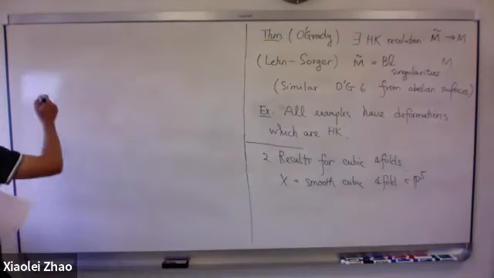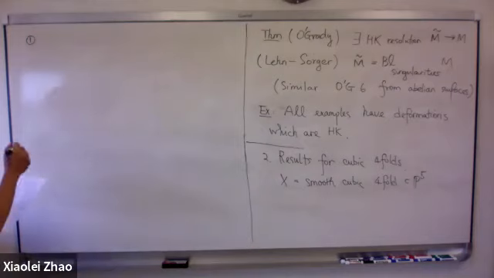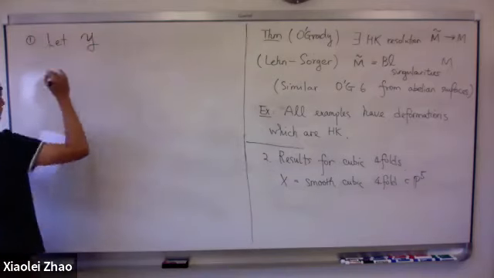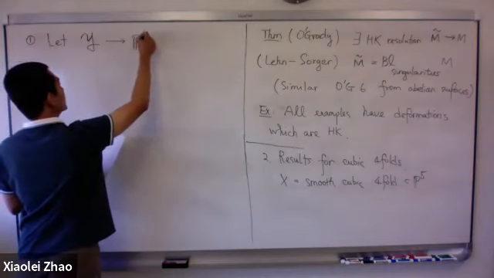So the first result is something that people have studied a lot in recent years. Once I have a cubic fourfold, I can look at the family of hyperplane sections of it.